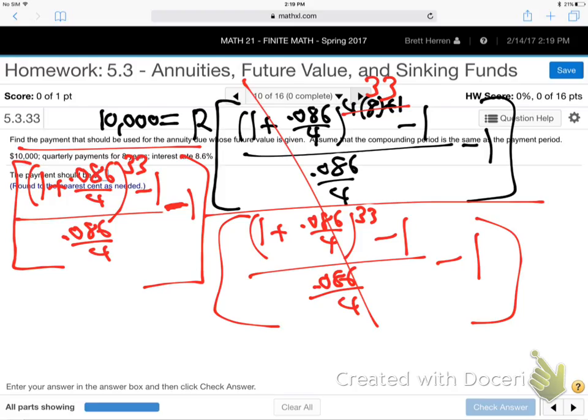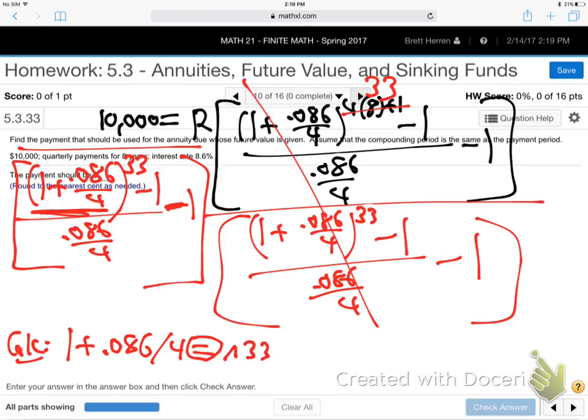So on my calculator, I would start right here in the parentheses. 1 plus 0.086 divided by 4 equals, remember I always hit equals before I do powers, to the power 33 minus 1 equals. Then remember what the denominator does? Don't worry about that minus 1 off to the right yet. He's outside the fraction. You guys with me?